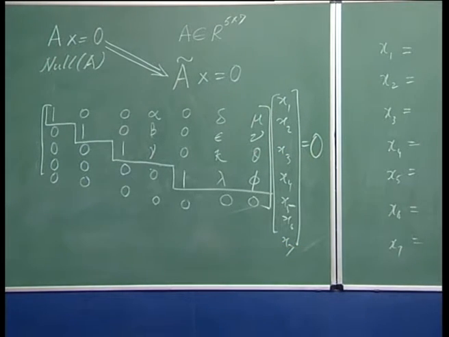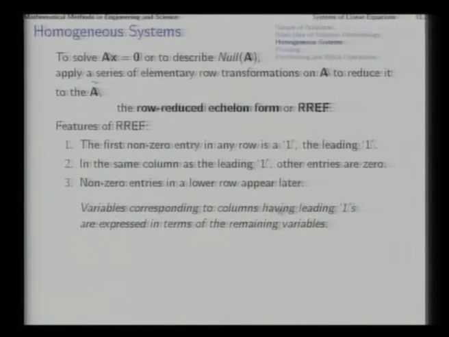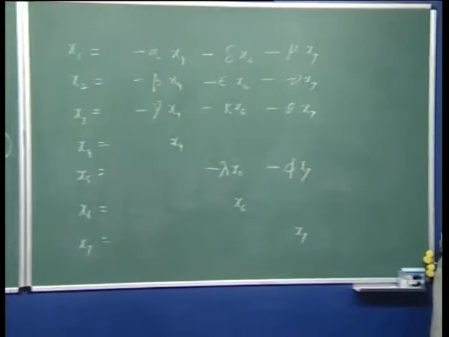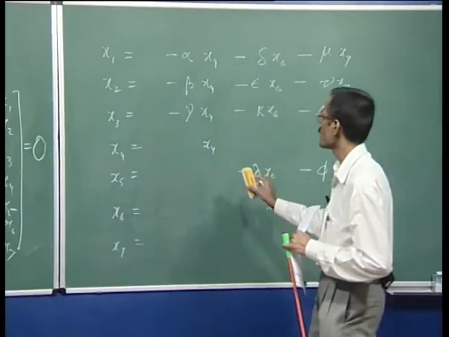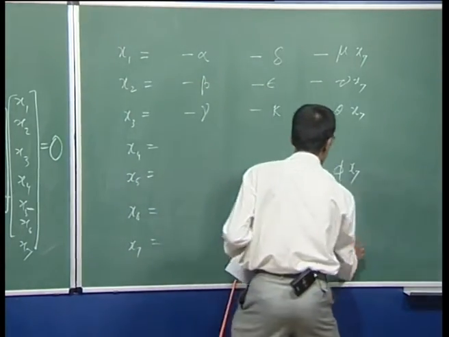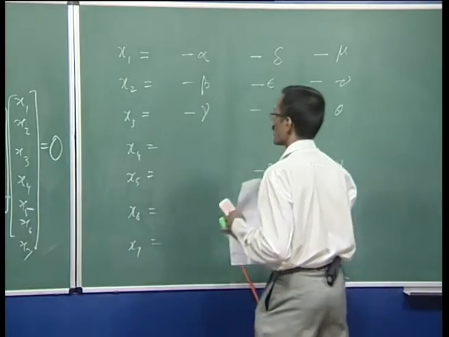And that is what we do as a rule. Variables corresponding to columns having leading ones are expressed in terms of the remaining variables, and this whole thing can be written nicely in terms of this matrix vector multiplication, which will look like this.